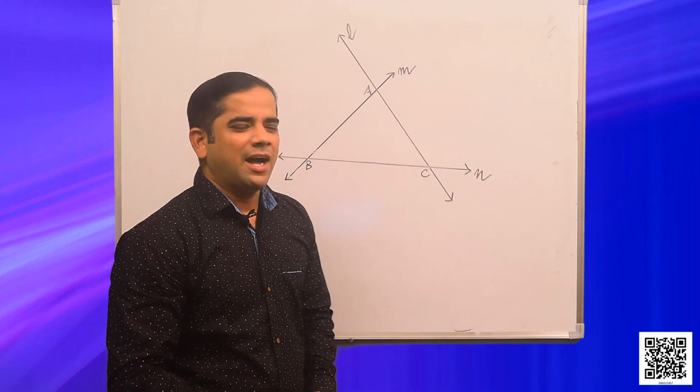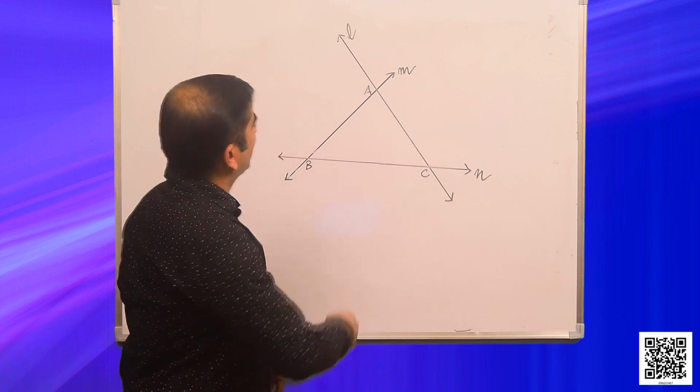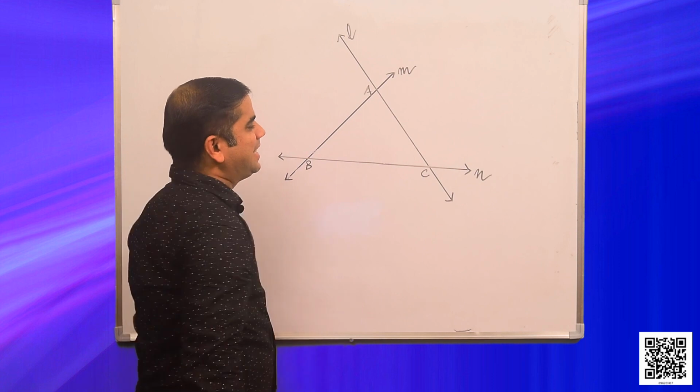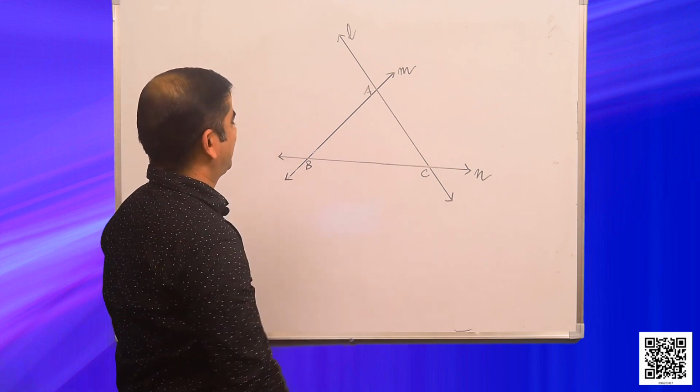So students, as you can clearly see, line L, line M and line N are intersecting each other.